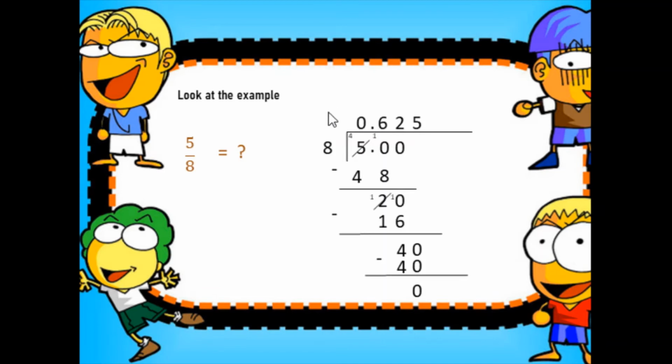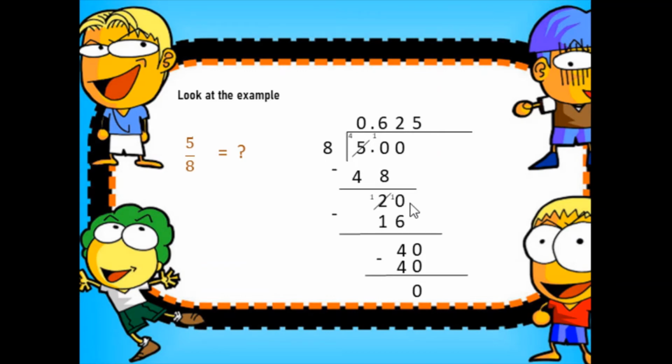6 times 8. It's 48. Very good. Now, let's subtract 50 minus 48 equals 2. Okay, 2 divided by 8. Cannot. Good job.